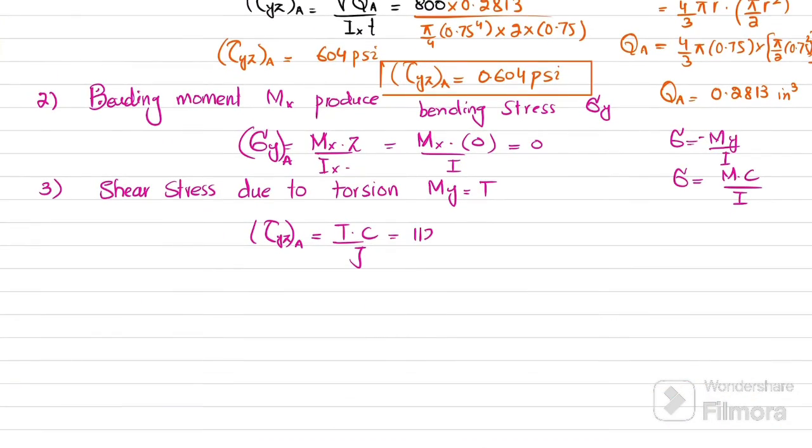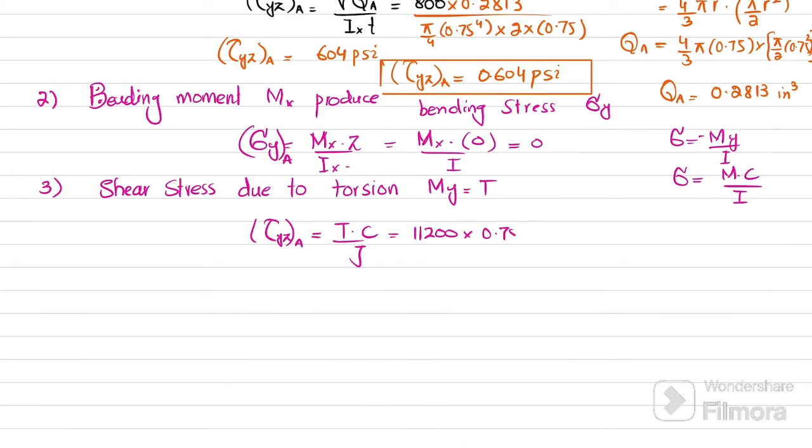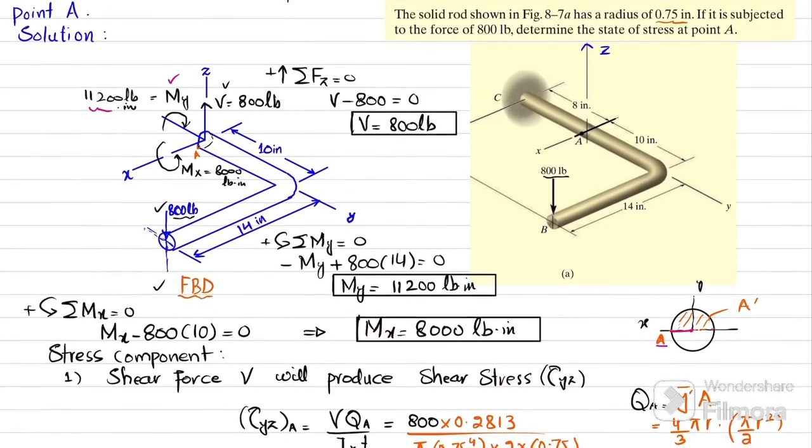So 11,200 multiplied by C, the distance from center till point A, which is the radius, 0.75, divided by J. J is the polar moment of inertia, and for a circular rod it is equal to pi by 2 C power 4. So C is 0.75 power 4. When you calculate it, you will get 16,901 psi, so the shear stress in the y plane in the direction of z at point A will be equal to 16.90 KSI.